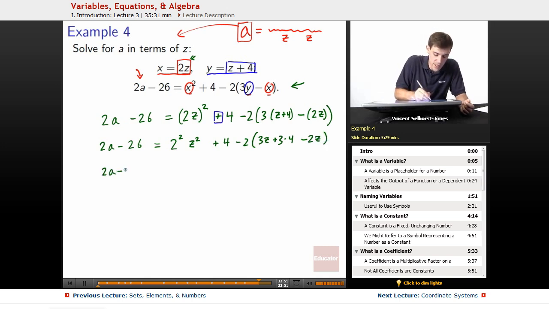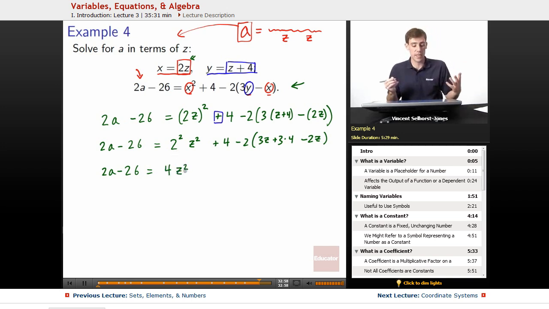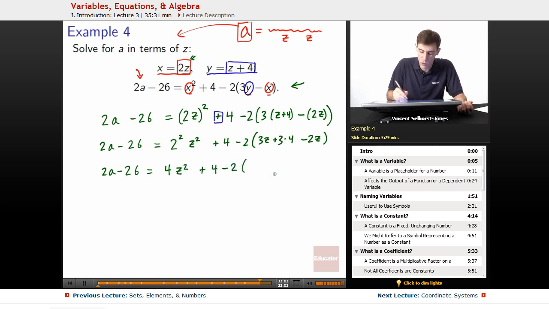2a minus 26 equals, square 2, we get 4 square z. We don't know what z is, so it just stays as z squared. Plus 4 minus 2 times quantity, 3z plus 12 now, minus 2z.